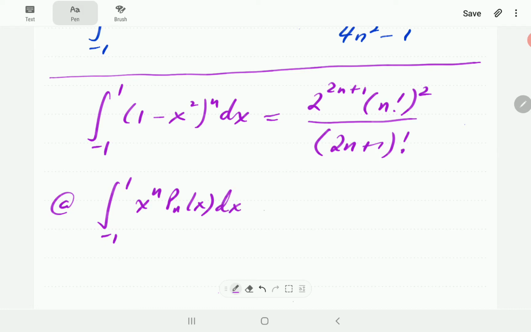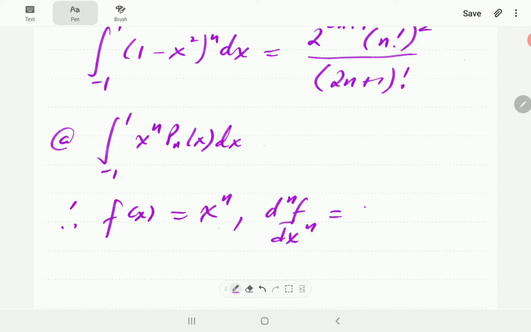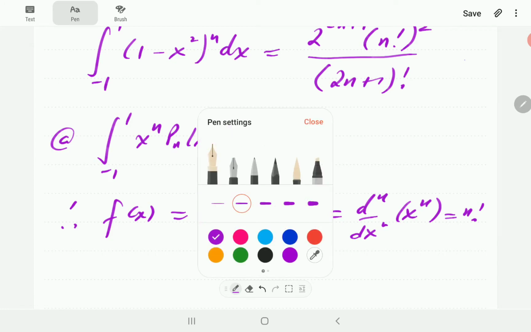So for the first integral here, we have got x to the power n Pn of x. So what it means here is that f of x is equal to x to the power n, and so the nth order derivative of this is going to be the nth order derivative of x to the power n, and this is equal to n factorial.